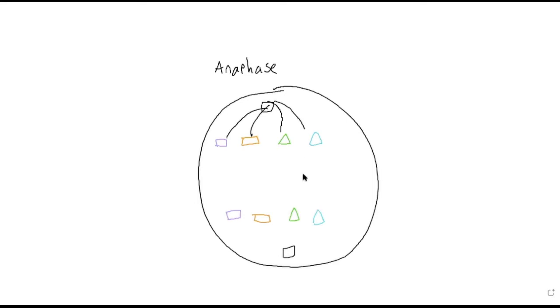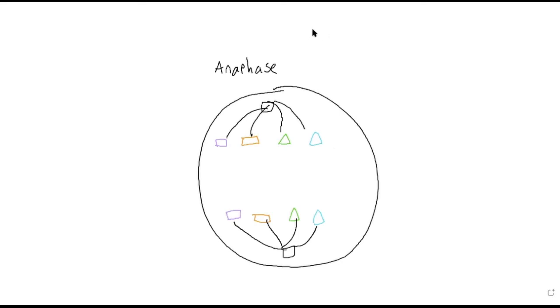So the mitotic spindle is responsible for pulling apart the sister chromatids and bringing along identical chromosomes now to each side of the cell. So these 4 chromosomes and these 4 chromosomes, they are completely identical. So these 4 and these 4 are identical. And this is all done through the mitotic spindle pulling apart these chromosomes.